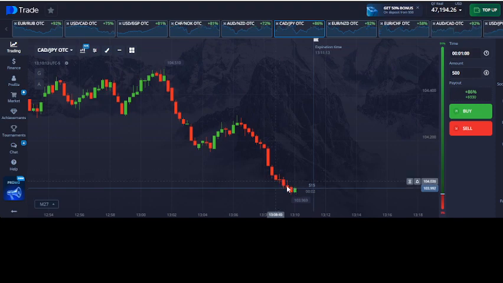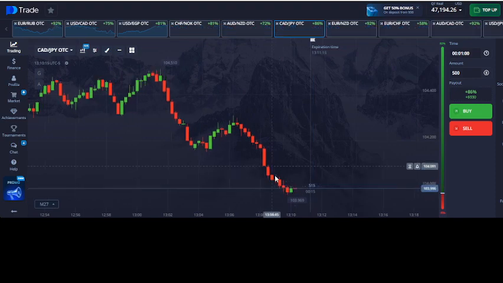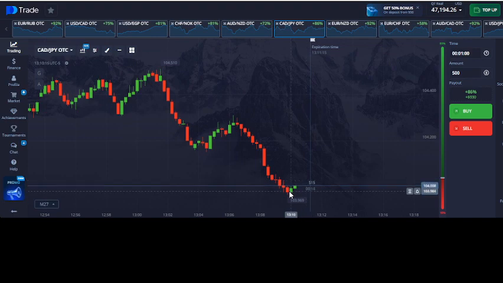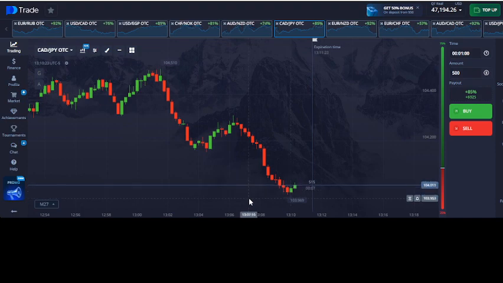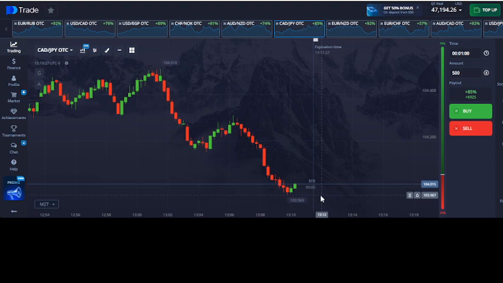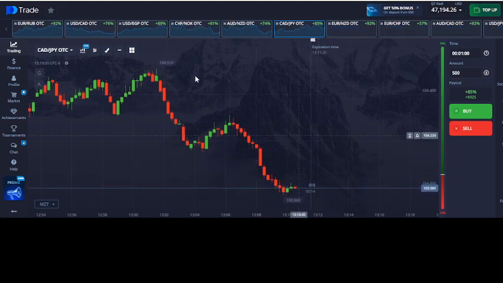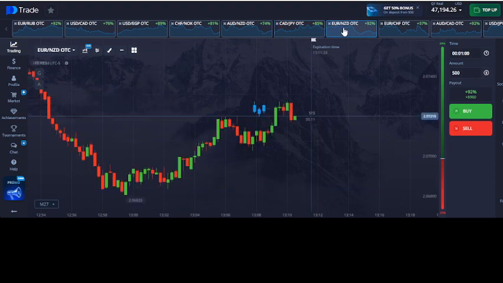Okay, it seems like the bearish momentum is slowing down. You're seeing a green candle here just formed. All right, let's find another trending pair here.